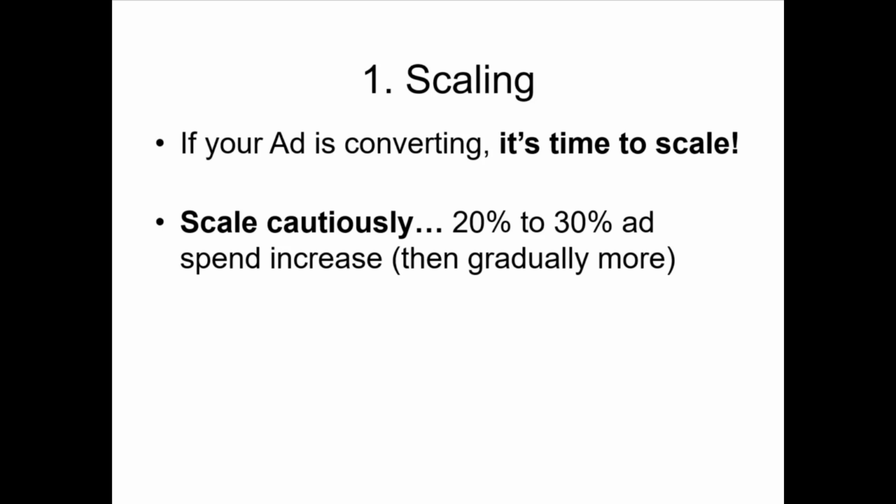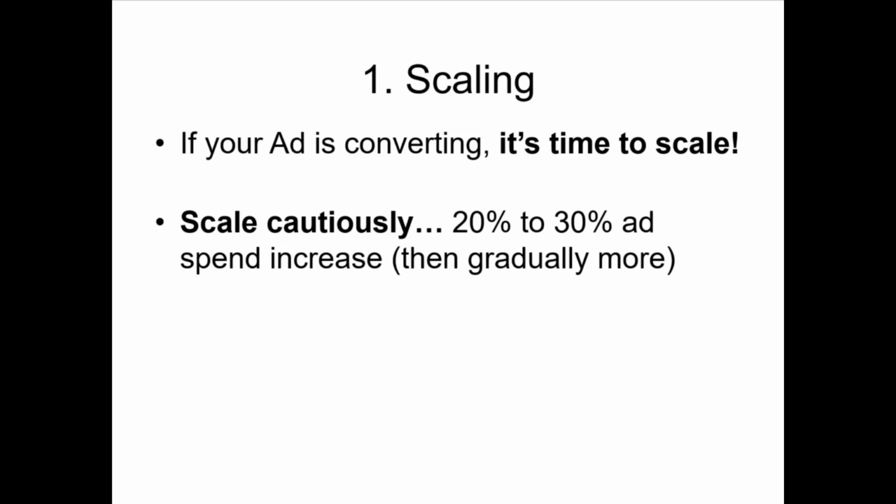Okay, and if you're thinking, all right, but I'm actually ready to spend more money than that, like a few hundred dollars in a single day, then what you can do is make a duplicate of that winning ad set and duplicate it 3 or 4 times.